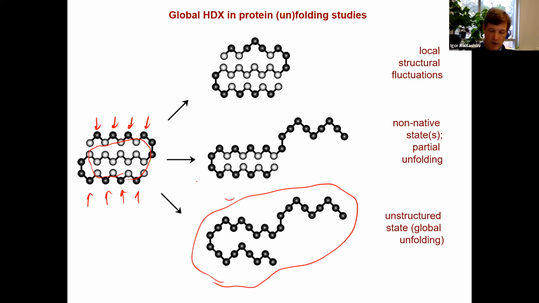In the case of partial unfolding, perhaps you would label some parts of the protein. But in either case, it gives you the ability to quantitate the unfolding processes, determine the extent, and also, as I will try to show in the remaining few slides, you can try to localize these segments of the protein. So how is this done?